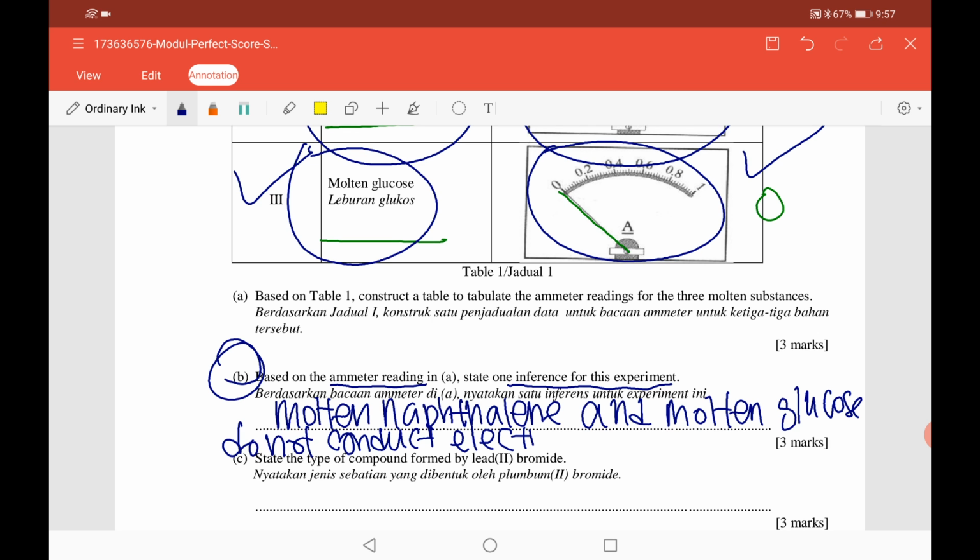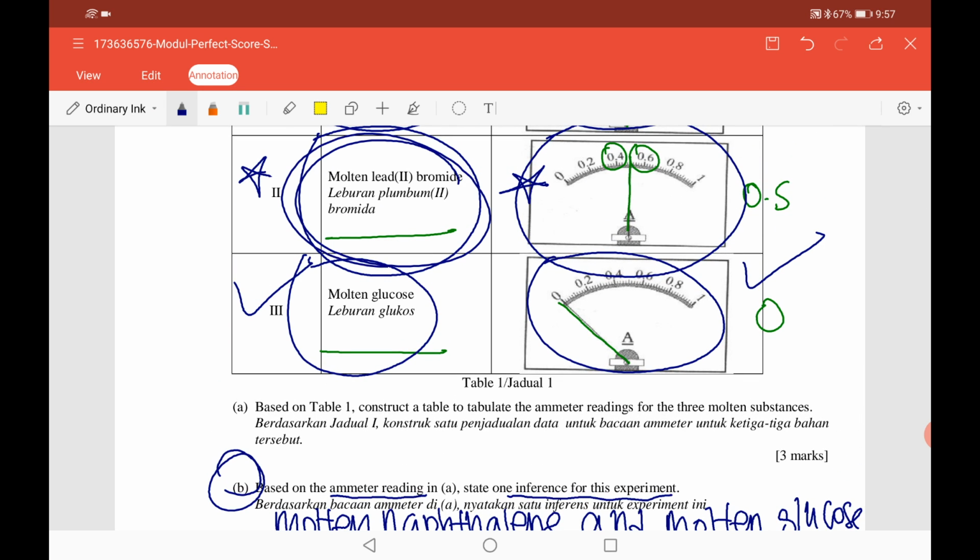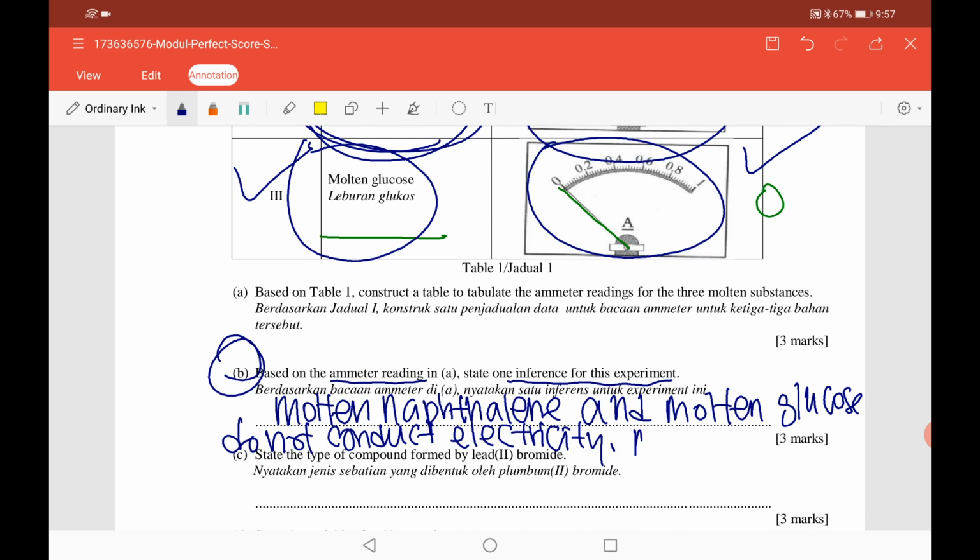And don't stop here, because many people stop here and you will get some marks but not full marks, because you only tell people about molten naphthalene and molten glucose. You cannot expect the examiner will know what happened to your molten lead bromide, so you must tell them. Molten lead bromide is able to conduct electricity. That's it. So that is how you explain.